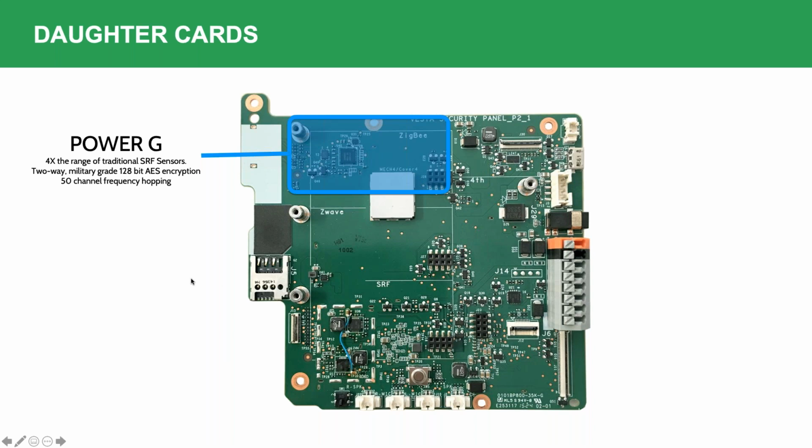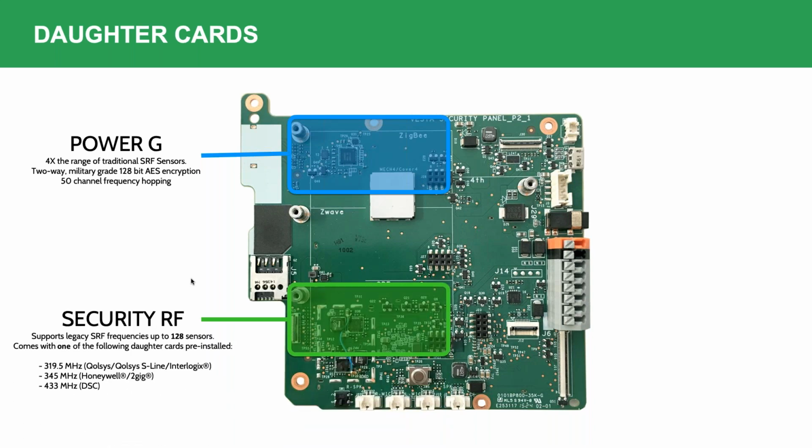This is something we added to our panel about a year ago and it made our panel the IQ2 Plus. So you get PowerG, plus this daughter card down below, which is our legacy sensors, our legacy frequencies. You can support up to 128 zones between PowerG and the legacy frequencies, and your panel is going to come with PowerG and then one of these three. Either 319.5, which would support Qolsys S-Line, Interlogix ITI sensors, those GE sensors.